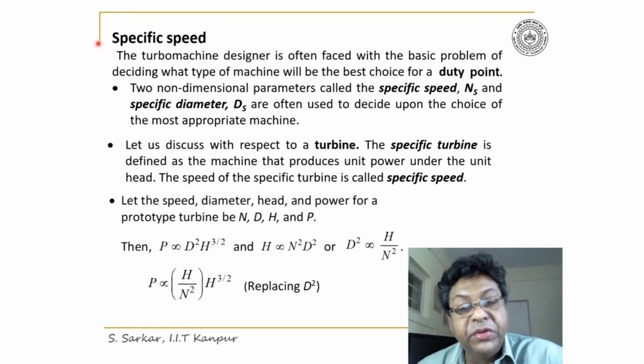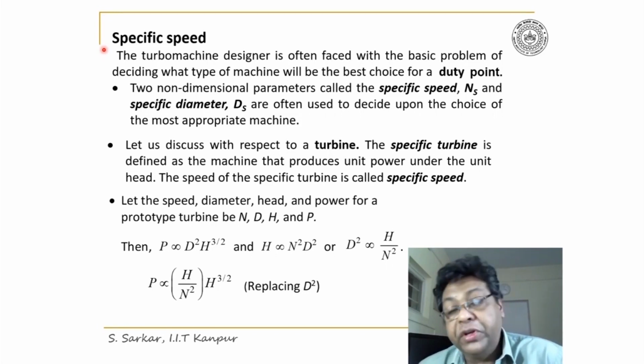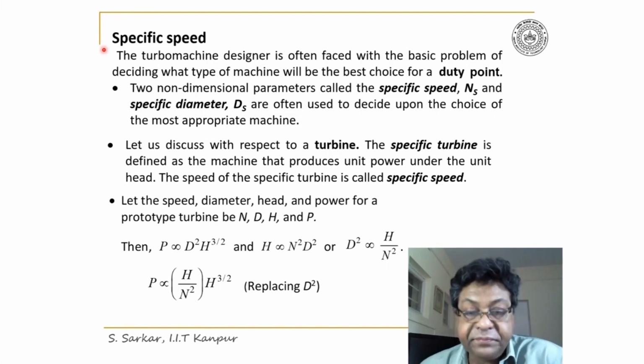I'll discuss about the specific speed now, which is a very important parameter in turbomachinery applications. The turbomachine designer is often faced with the basic problem of deciding what kind of machine will be the best choice for the given duty point. Now, what is the duty point?